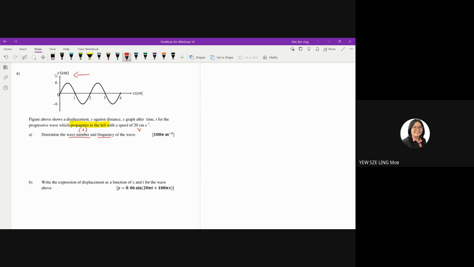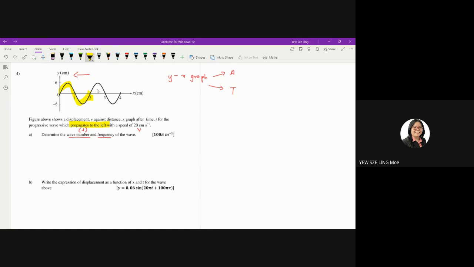For the wave number, you are given a y against x graph, which tells you the amplitude A and also the wavelength. If you look at the graph given, it is 2 cycles.